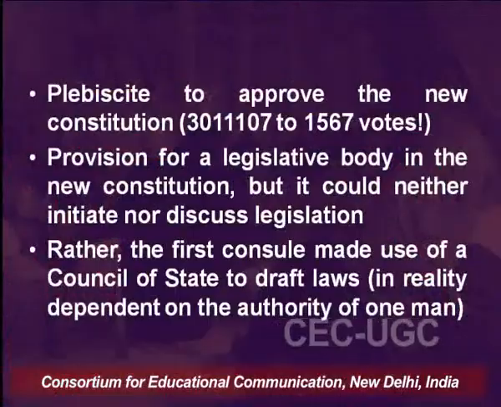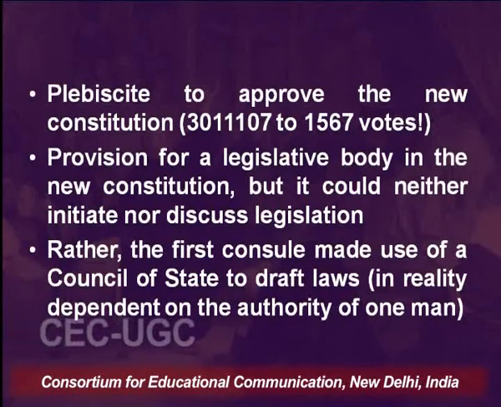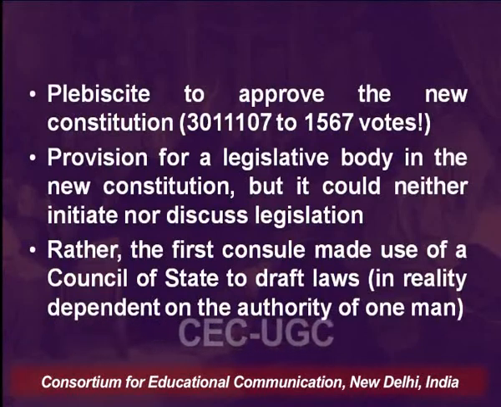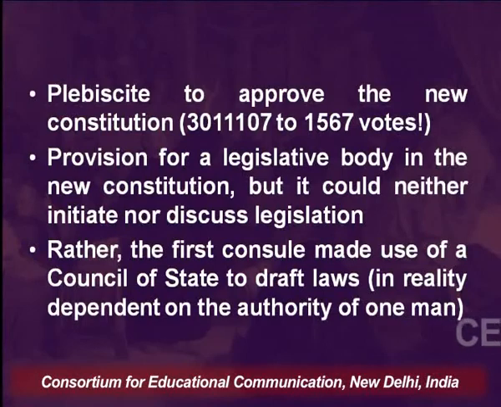And again, as was very evident, in reality, it was the authority of one man which was all that mattered, and the council of state was just a kind of pretense, a kind of formal structure through which the drafting of laws was actually carried out.